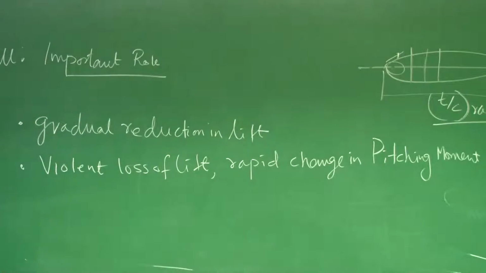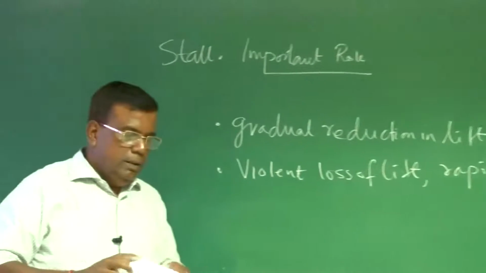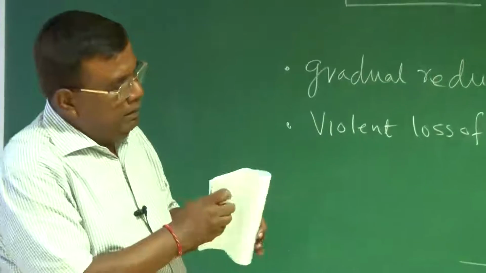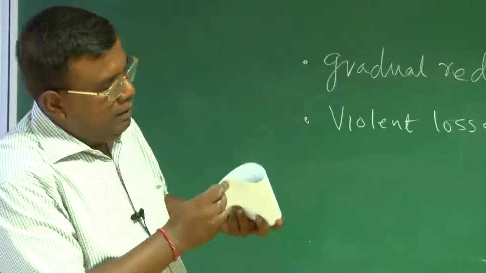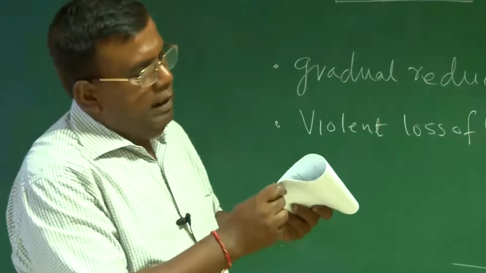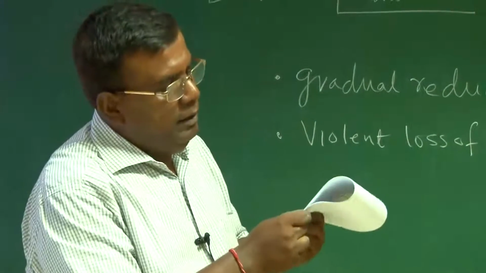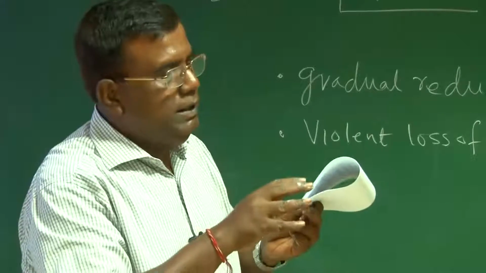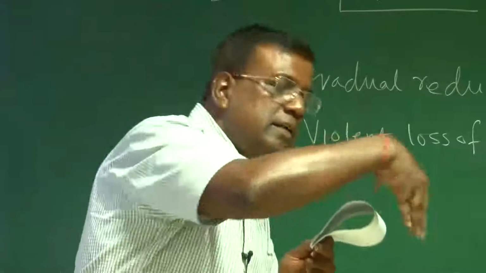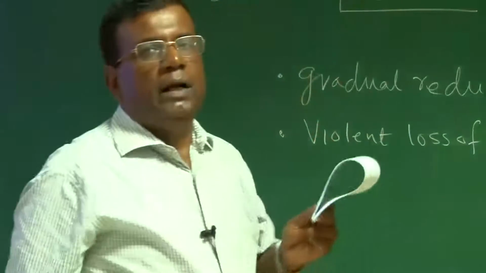For example, if you take Kimber aerofoil wings, this is a Kimber aerofoil wing. If you see this diagram, its CL max will be more, but it will have large negative CMAC. That is, if I just throw it, its natural tendency is to go down like this.